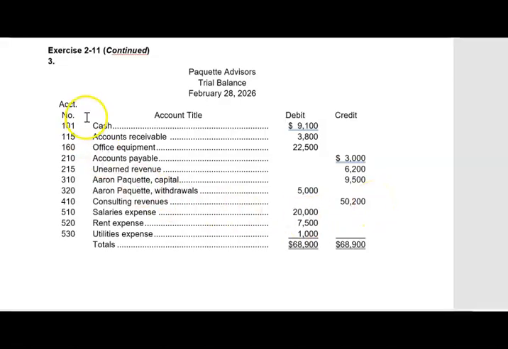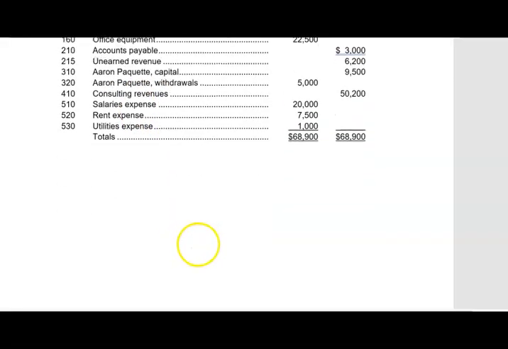And as you can see, by having the numbers in order like this, everything for your income statement is at the bottom, right? So you've got your revenue and your expenses. And then you've got your capital and your withdrawals, which is for your next statement. And then you have your assets and your liabilities for your balance sheet. And again, remember, each statement links together.